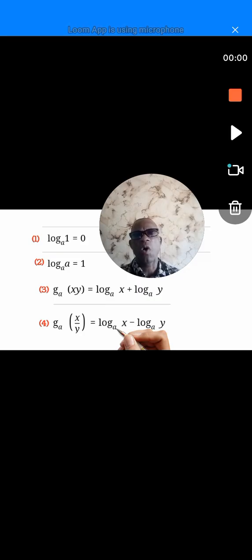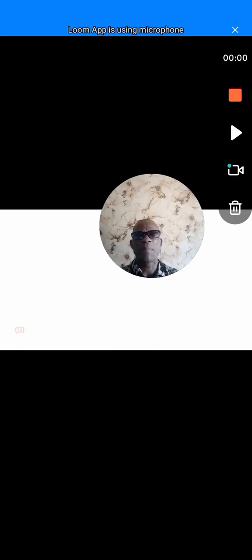The fourth law, otherwise known as the quotient law, tells us how to divide logarithms. It says log x over y in base a is the same as log x minus log y, all in base a.